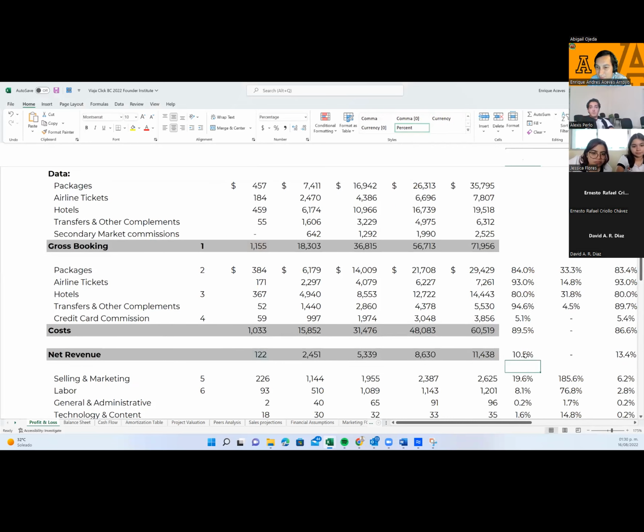This is, can anybody translate this percentage to me? What are we seeing in this 10%? What does that 10% mean? The net revenue.